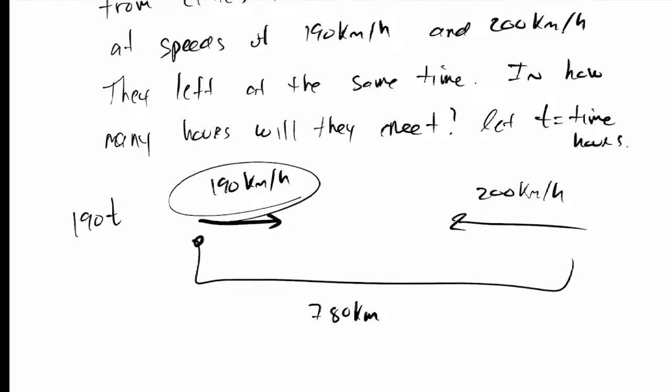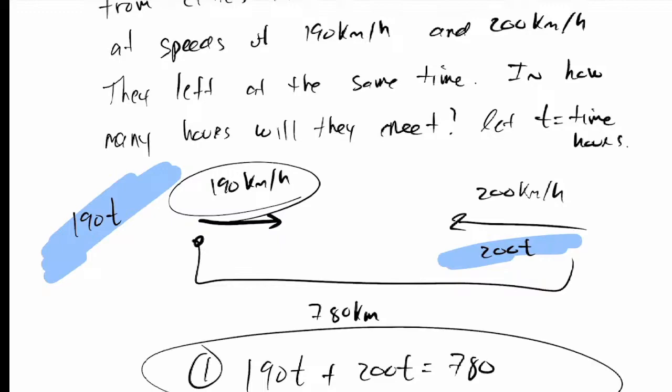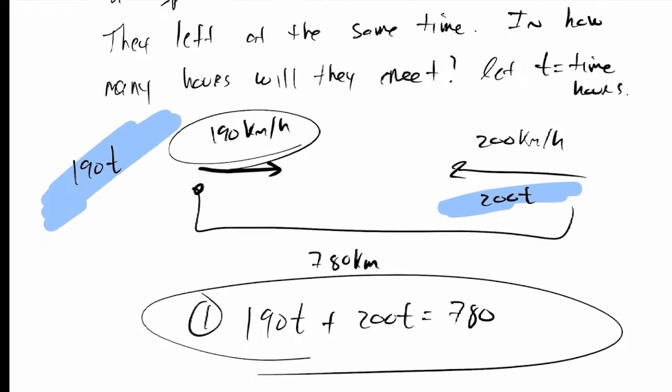If I take 190 times t, that's the distance that this plane is traveling over time. And 200t would represent the distance that this plane is traveling over time. Well, there's only one equation, actually. You take 190t plus 200t, that has to equal 780. There's only one equation, you just solve for t. So I wouldn't ask this on the test because it's a little bit confusing. But that's the idea.